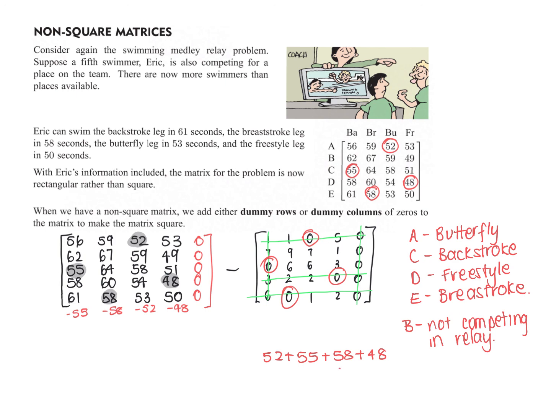So that would give us 203 seconds. Okay, so by Eric joining the team, it would actually reduce the relay by 3 seconds according to their best times. So just remember, a reminder, we either use a dummy row or a dummy column to make the matrix a square matrix before completing the Hungarian algorithm.